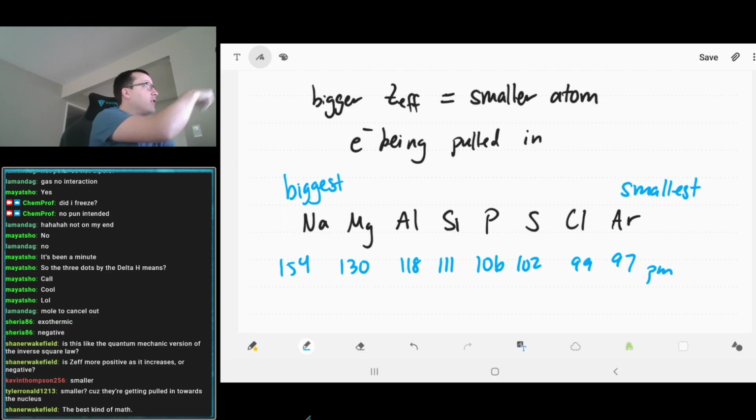So these are all calculated radii. Scientists have done all sorts of crazy things to figure this out, but lo and behold, there are the numbers for you. So I'm not lying. More effective nuclear charge is telling us we have a smaller atom, right? Because we're pulling in the valence electrons. Just because there's a more positive nucleus means more pulling in. So atoms get smaller as you go from left to right across the periodic table.